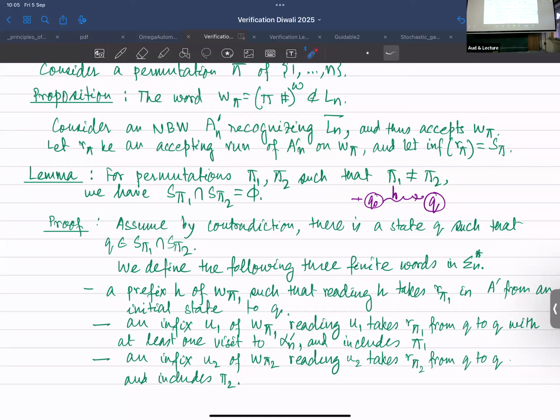Now I find another finite word, U1, which visits some state in alpha n prime, the set of good states for AN prime, and U1 also contains the whole permutation pi 1.